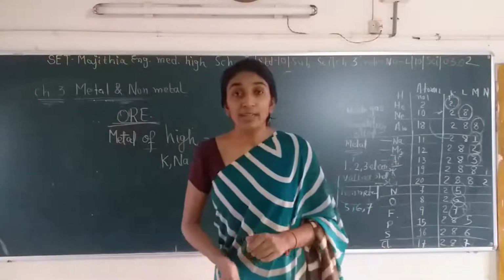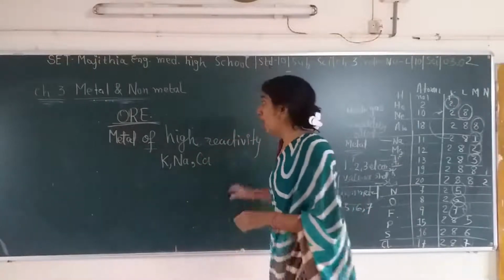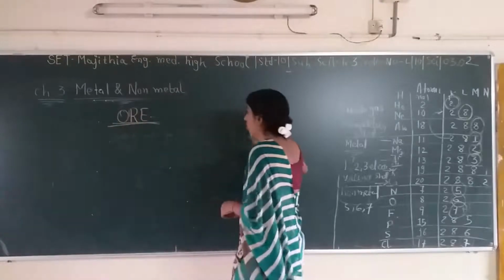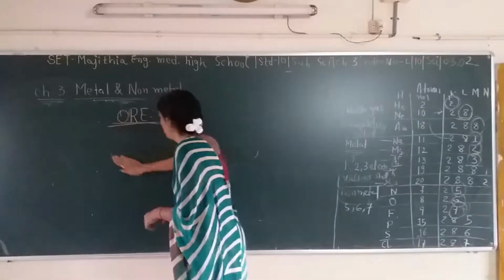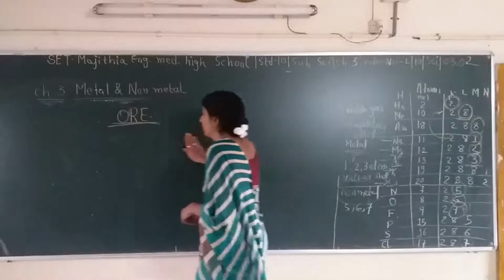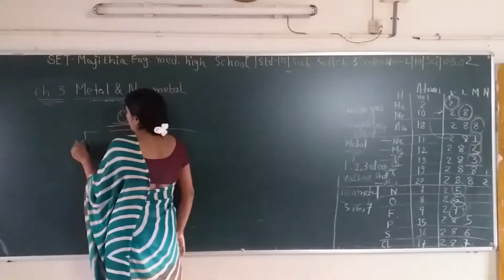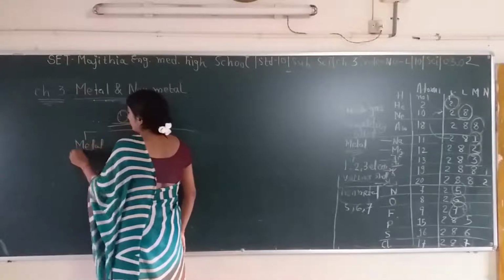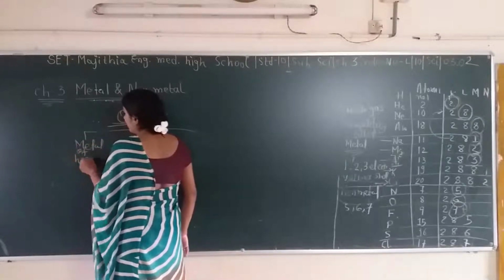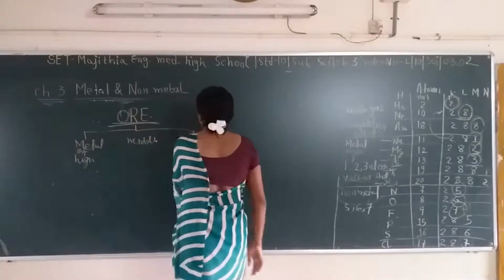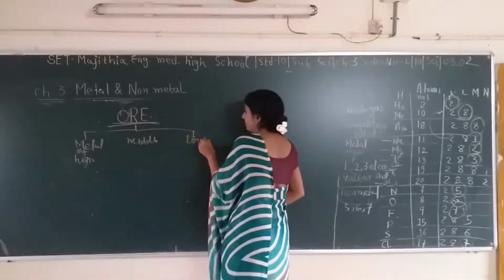So now, let's understand how to extract metal from its ore. There are three types of metals: high reactivity, middle and low reactivity.